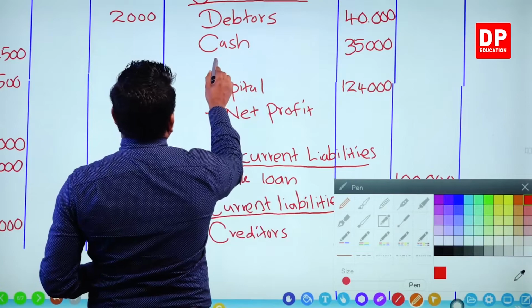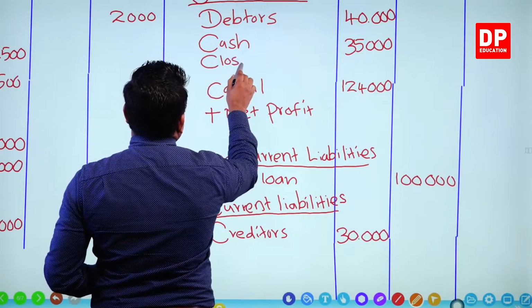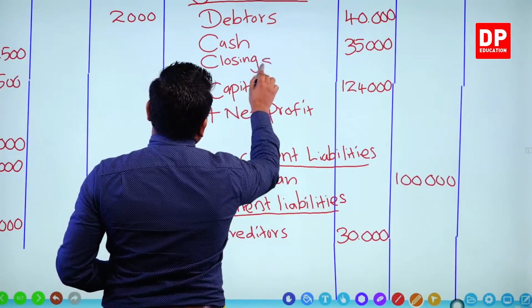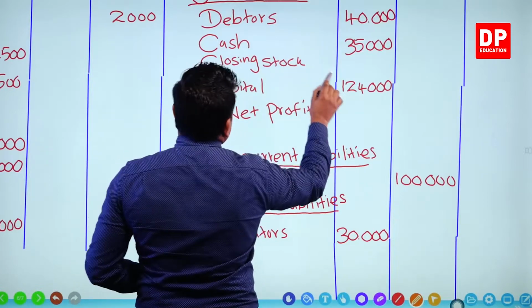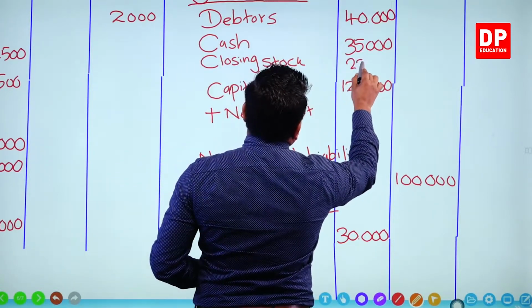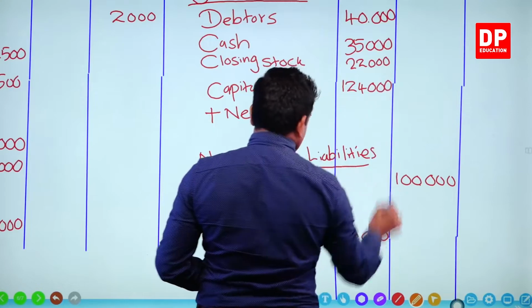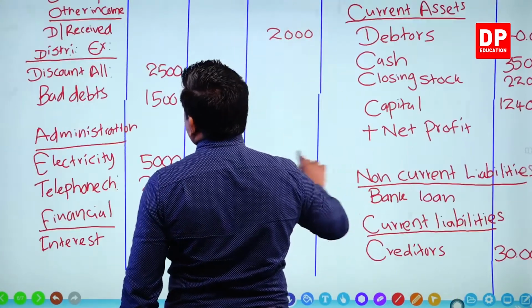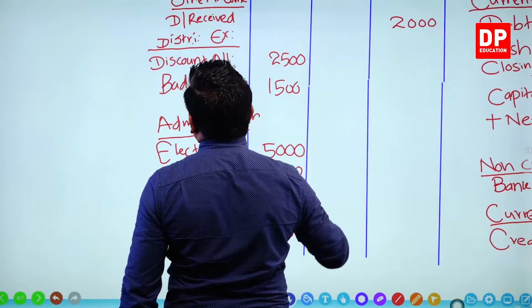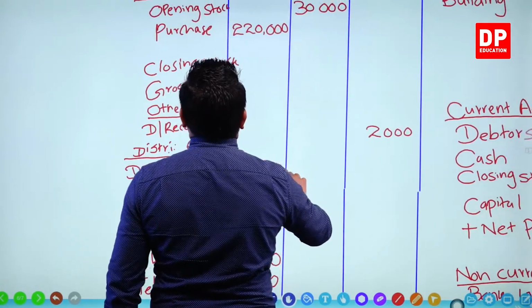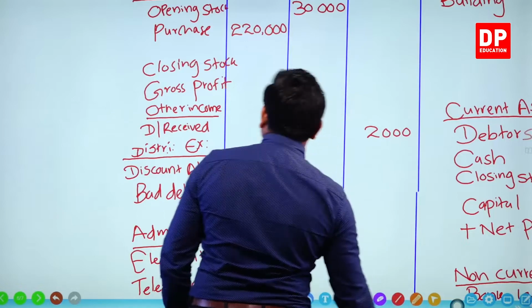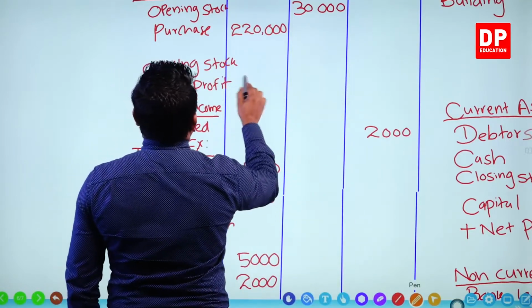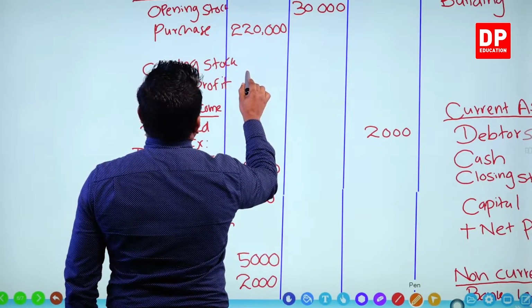Closing stock 22,000. Here also 22,000, right?